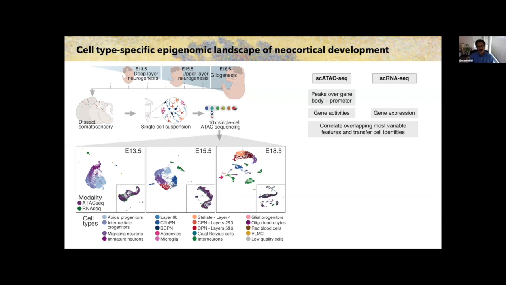Then we ask, if we reconstruct the same tree that we have established for RNA-seq data, do we see the same structure and branching tree, or do we see, for instance, prefated progenitors? Because we show that from the RNA-seq, you don't see these prefated progenitors, but the question was whether that could happen from the chromatin or the epigenetic landscape.